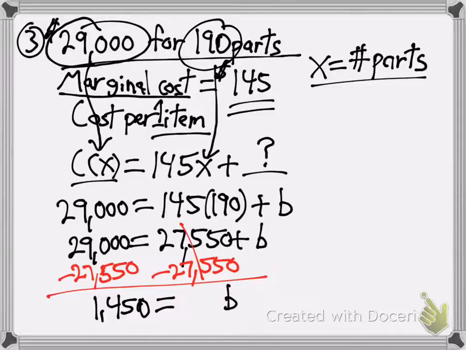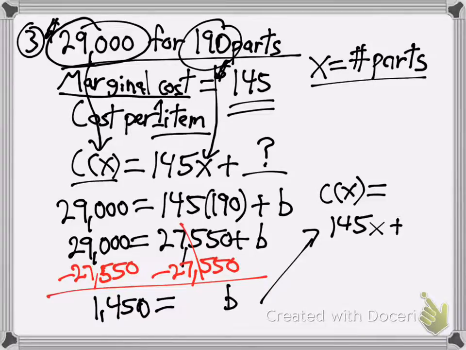It is the C of X function equals 145x plus 1450. Is it still on the screen? Yeah, for B. There it is. Let me talk through that again. Are you tracking with what happened there?